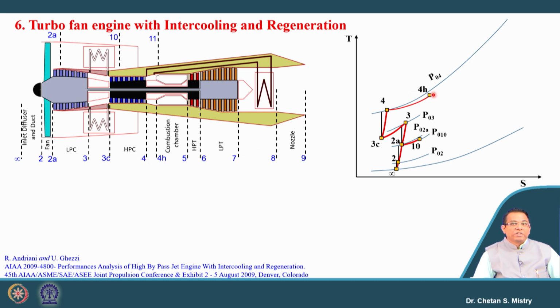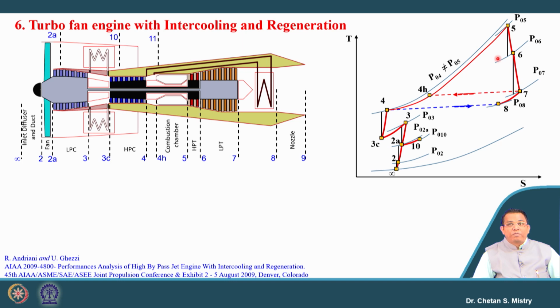This is representing my process of heating by using the regenerator, from 4 to 4H. This is the combustion process happening inside our combustion chamber, from 4H to 5. 5 to 6 is representing our actual HP turbine work.